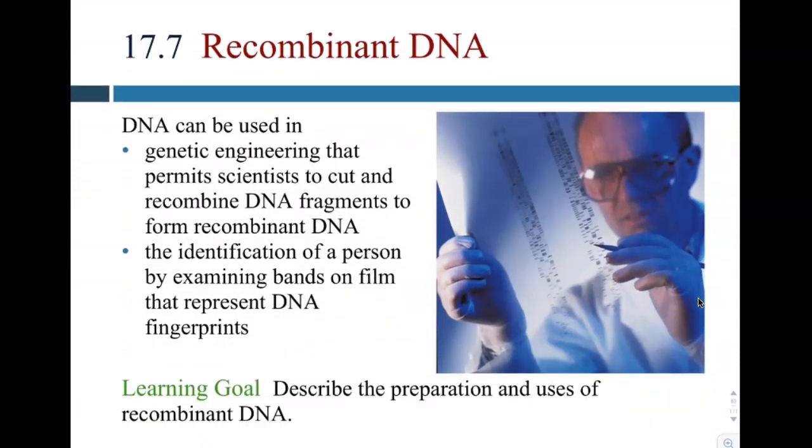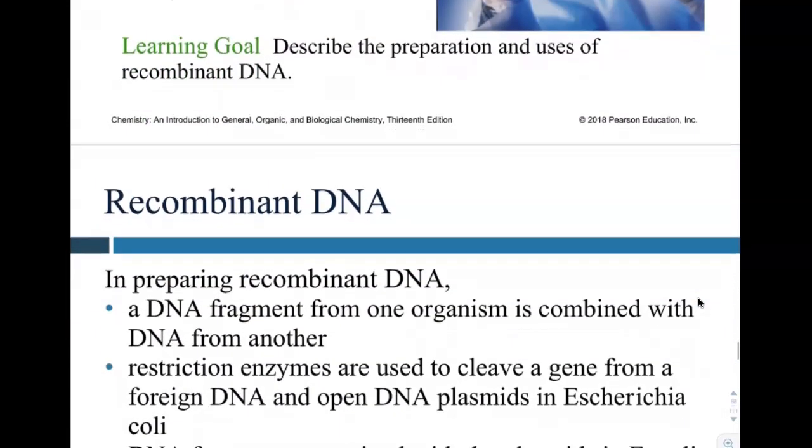And there's something called recombinant DNA that geneticists use in engineering. Recombinant DNA is what's formed when we cut and combine DNA fragments. We can put DNA pieces together like puzzles, and we can cut, snip, and engineer DNA, which is pretty cool.